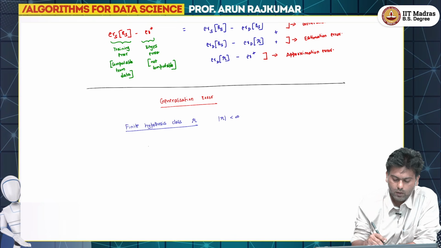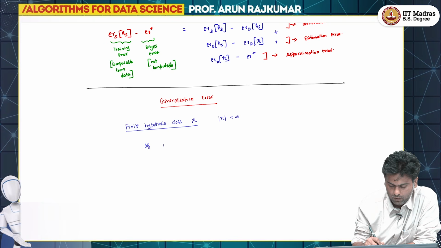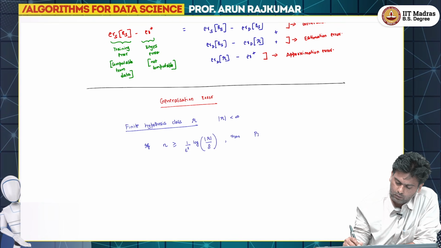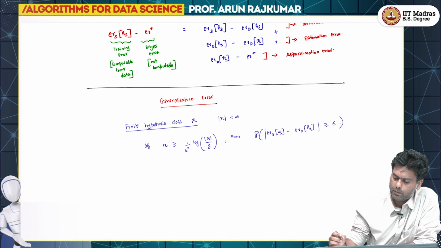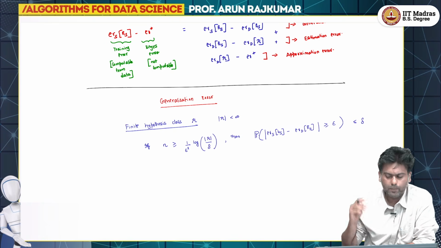We argued that if the number of data points is greater than something like 1 over epsilon squared log of cardinality of H divided by delta, then something interesting happens. The probability that the difference between the train error and the test error of the classifier learnt is greater than epsilon is at most delta.